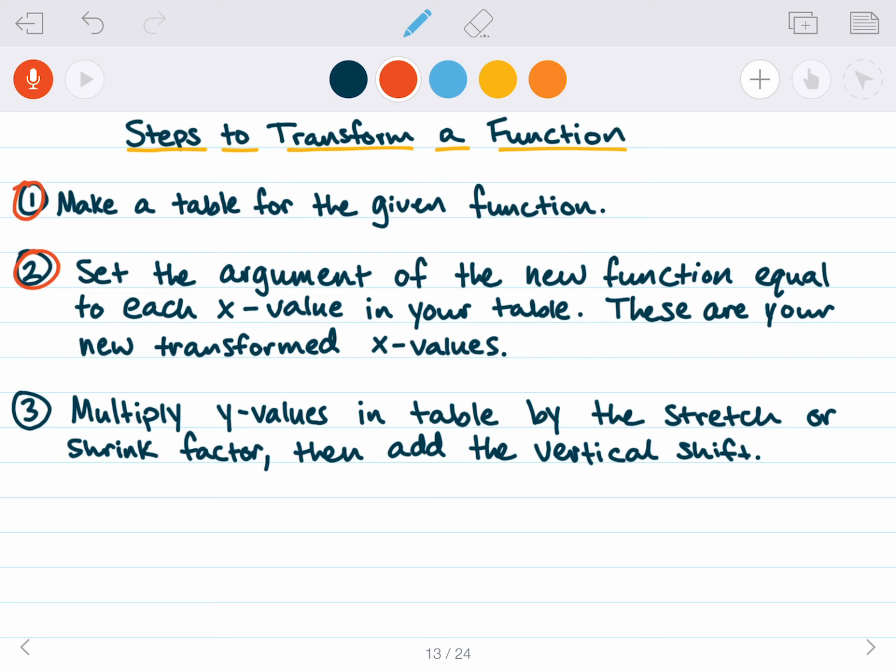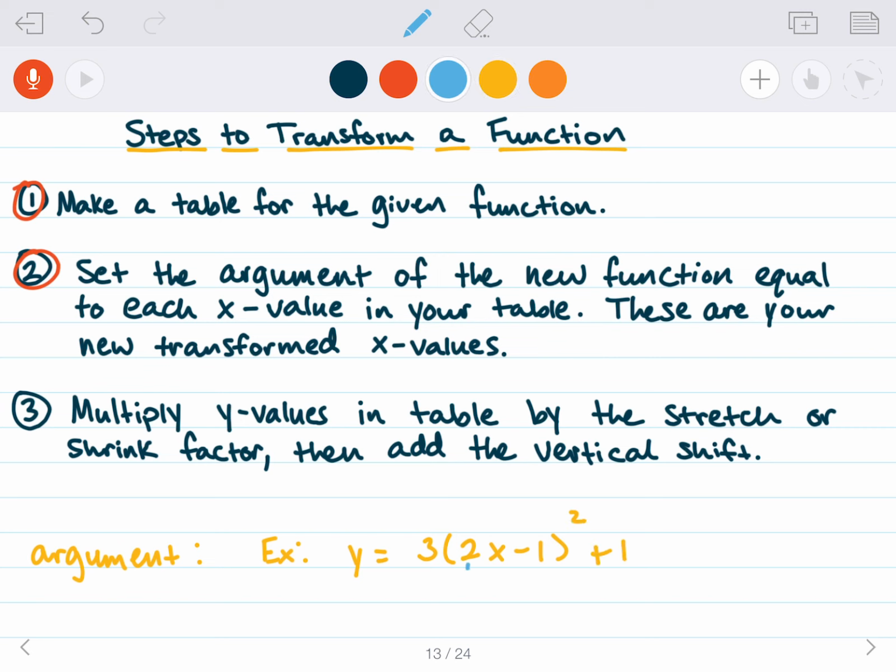So what do I mean by argument? I keep saying that word, but I don't know if I've defined it for you guys yet. The argument is anything that is in your input space. So for example, if we have y equals, let's say, 3 times (2x minus 1) squared plus 1.